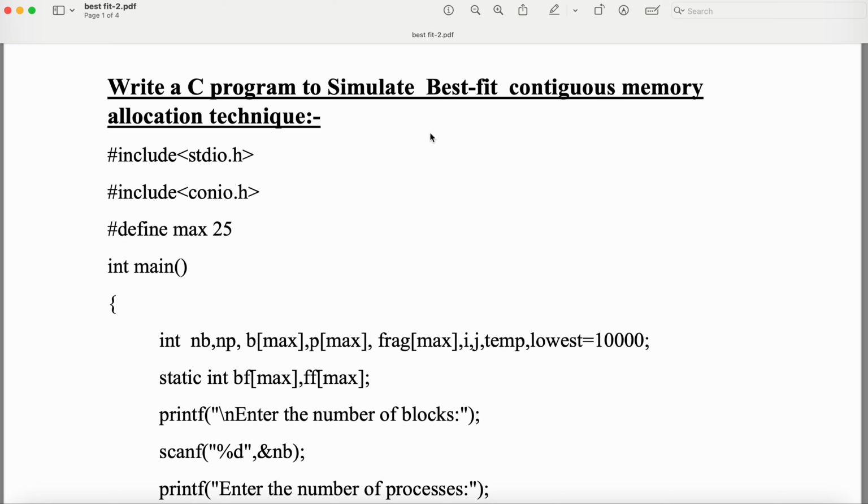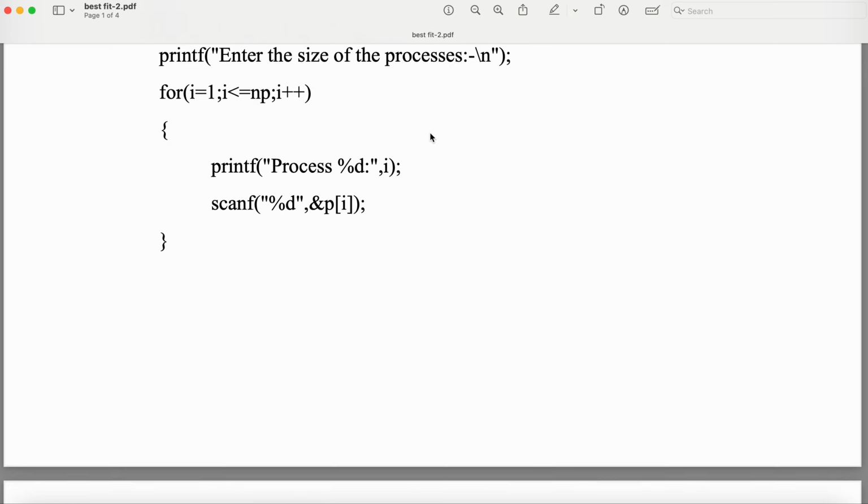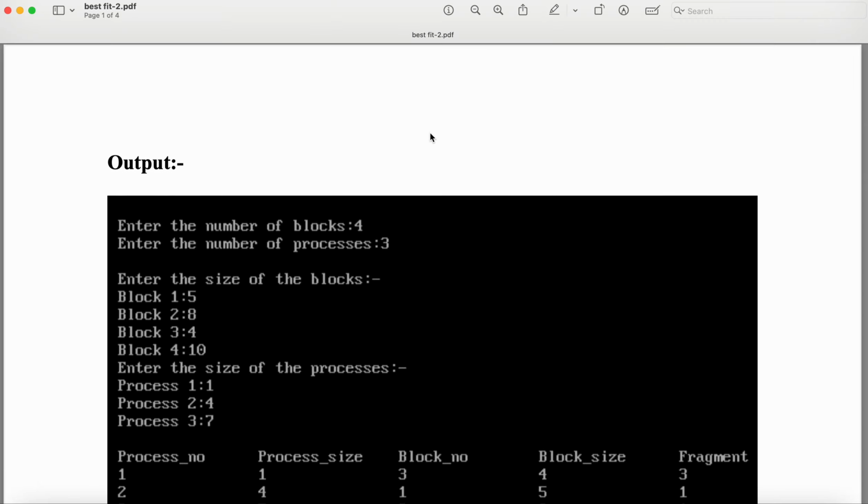In order to store a process in the main memory, we will use best fit. Best fit means allocate the smallest hole that is big enough. First let us see an example, then we will see the program, and after that we will see the execution also. So let us see the output first.